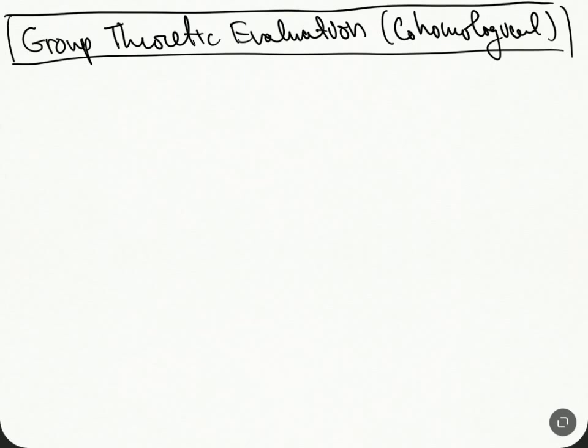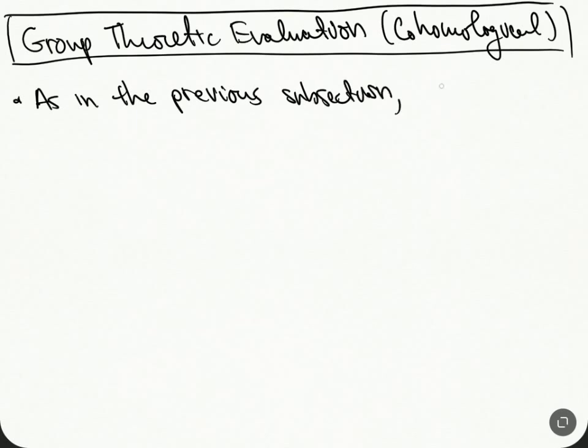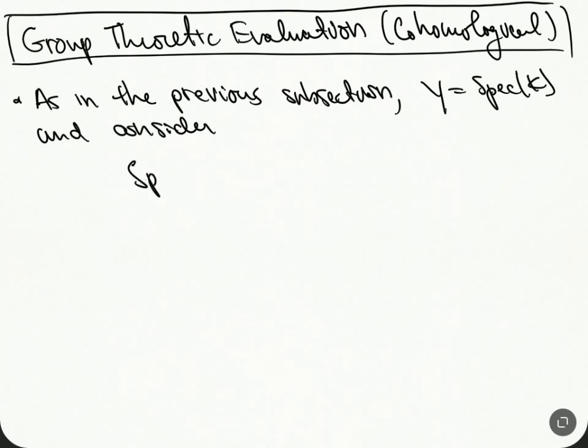As in the previous subsection, we can take Y to be Spec K and consider rational points, Spec K here, where A is a point, i.e., elements, points. So what does this give us?